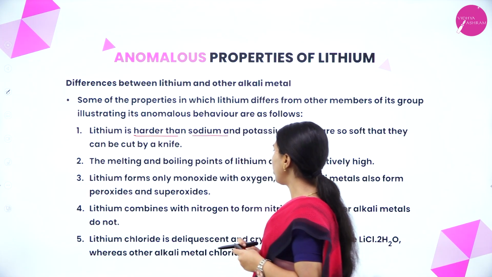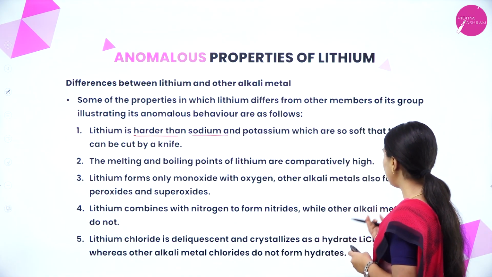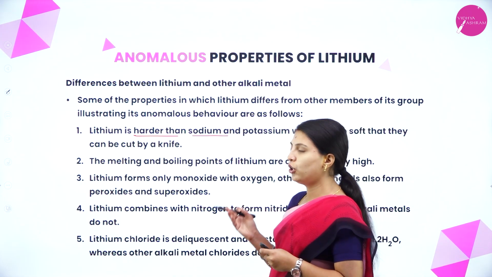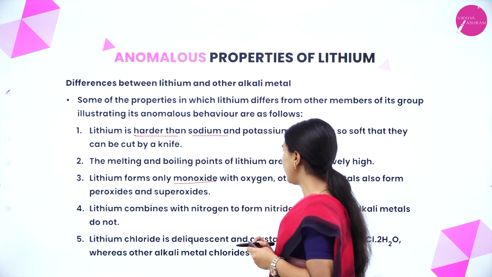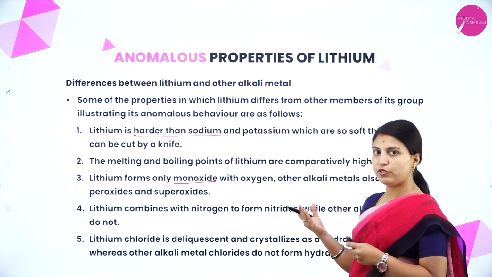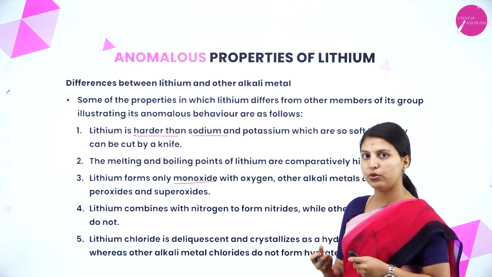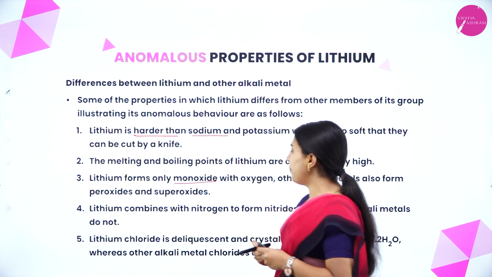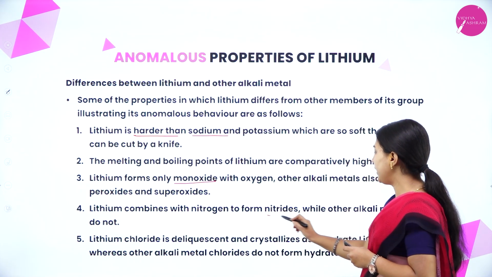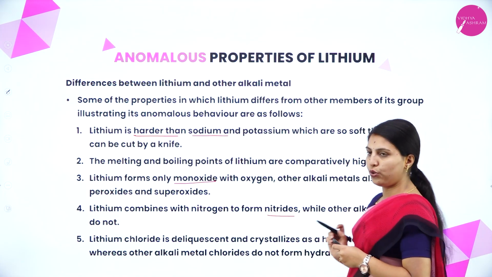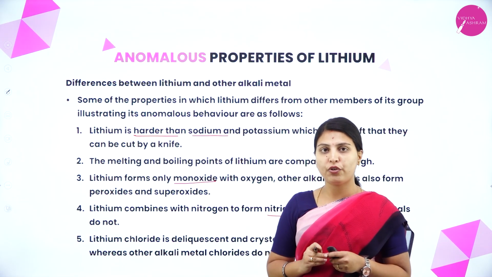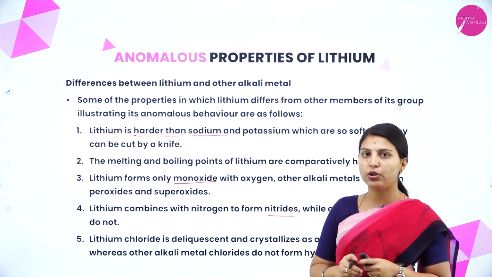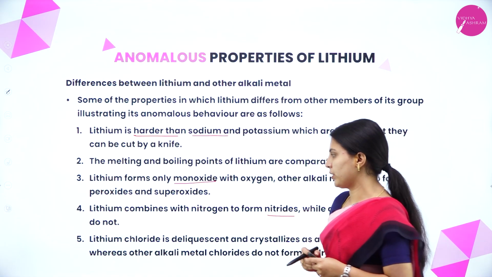Lithium forms only monoxide with oxygen, and other alkali metals also form peroxides and superoxides. Lithium combines with nitrogen to form nitride, while other alkali metals do not. One speciality here: lithium combines with nitrogen to form nitride, but other alkali metals will not combine with nitrogen.